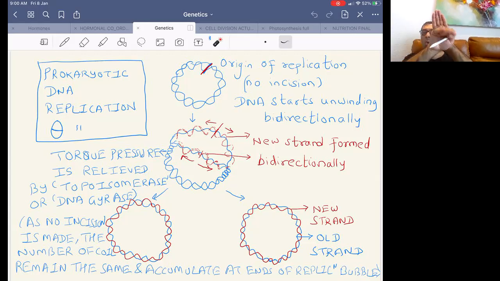So we got old strand completely. And at the origin of replication, helicase broke the hydrogen bond.